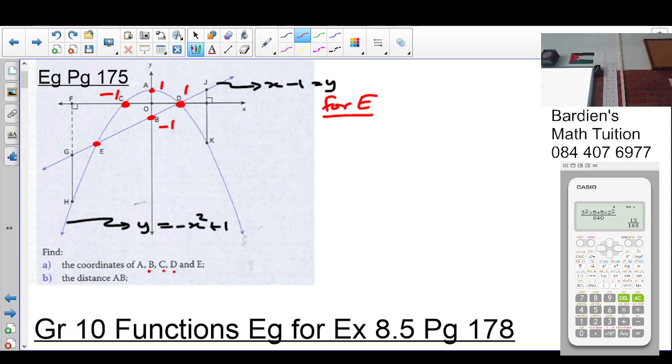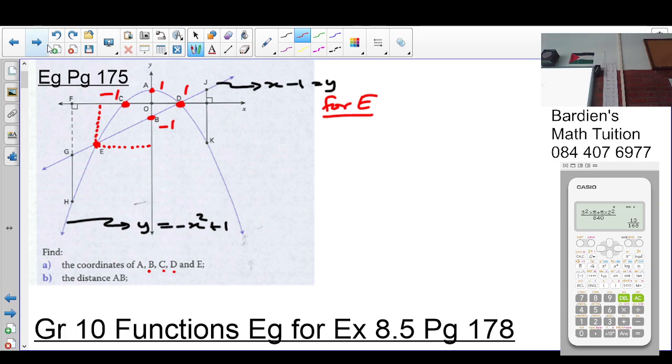The two graphs are crossing each other or meeting each other. So the x value on the parabola is the same x value on the straight line. Likewise, the y value at that point E on the parabola is the same as the y value on the straight line at that point. So the two graphs are equal at that point.